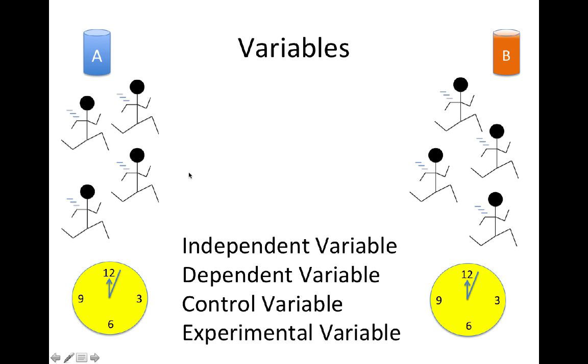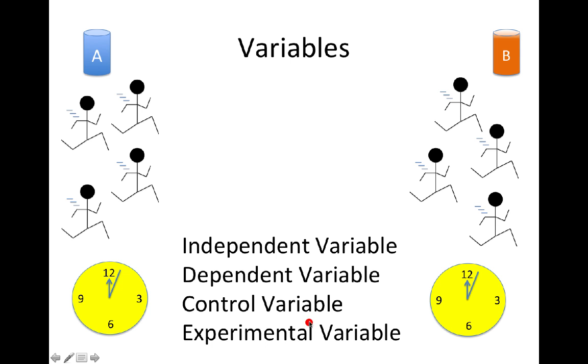So your dependent variable in this scenario would be the amount of time that the athletic performance changed by. So it might be a negative time if it increased.